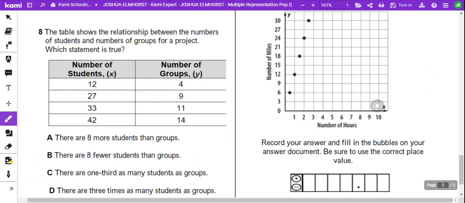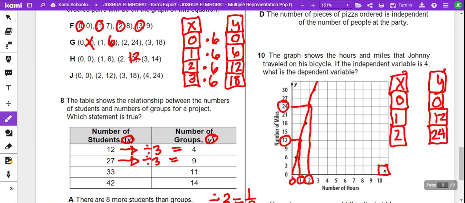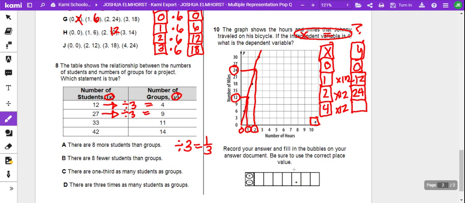And then the question is asking about if the independent variable, the x variable, is 4. So if we use the rule and then multiply times 12, and then the answer is going to go here, and these are the decimal place value. You have a whole number answer, so you put it in the whole number spot.